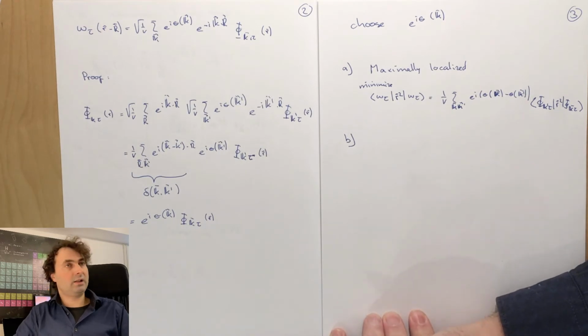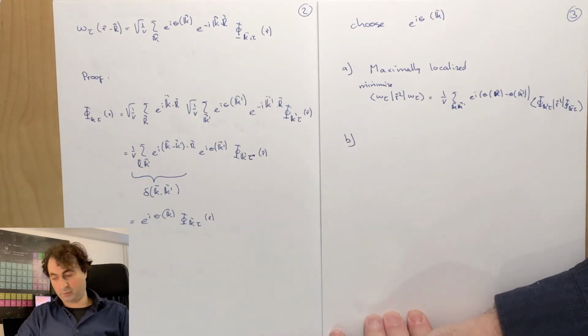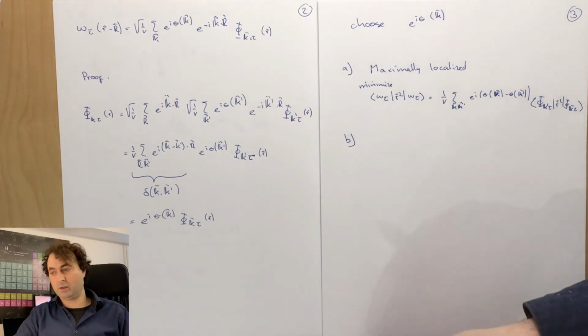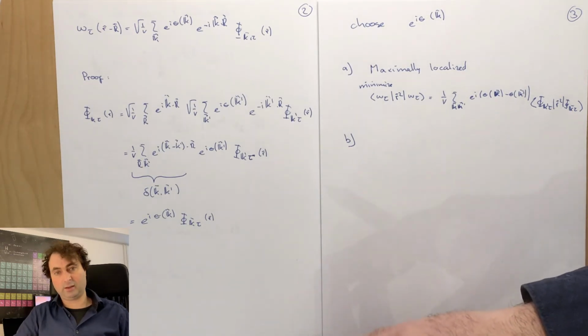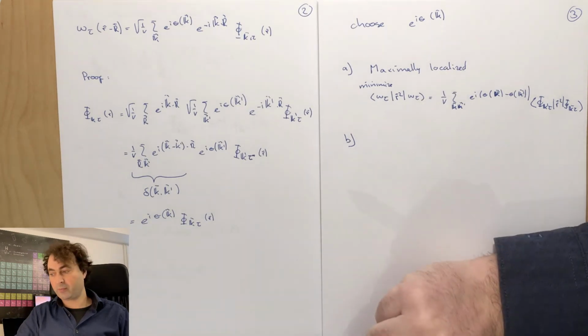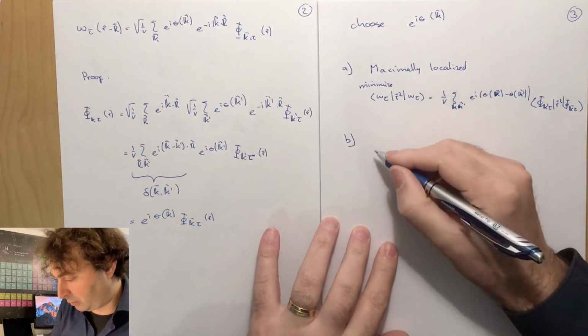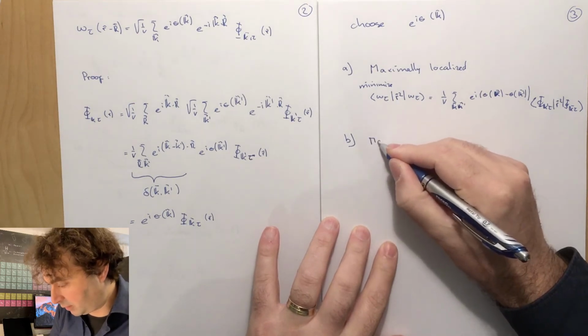And that is exactly what the atomic eigenstates do. They minimize the total energy, which is a balance between kinetic and potential energy. So instead of looking at maximally localized Wannier orbitals, we can look at maximally atomic-like ones.